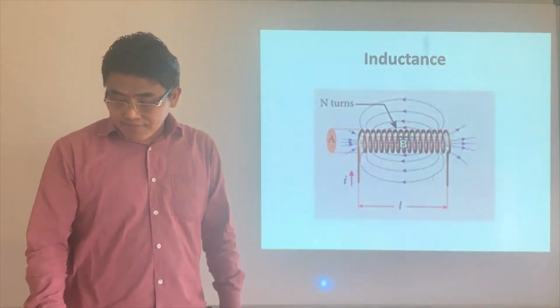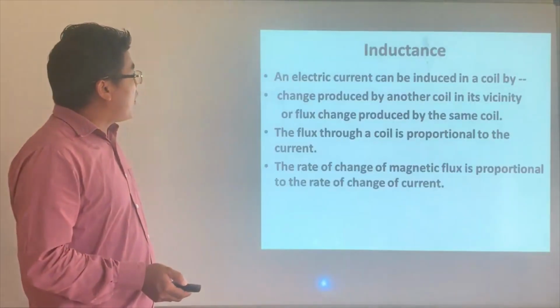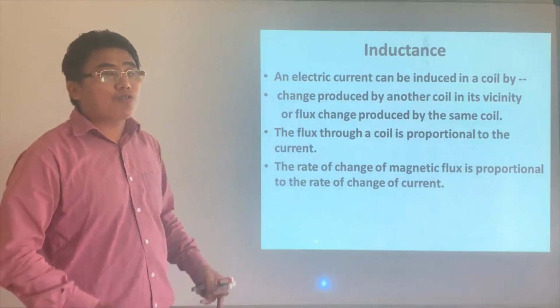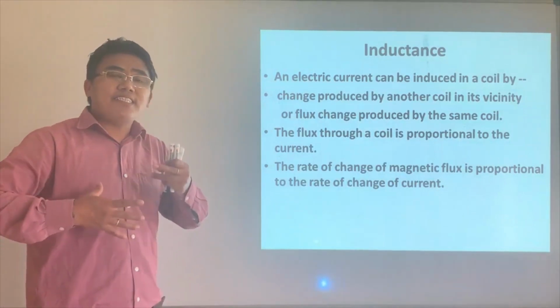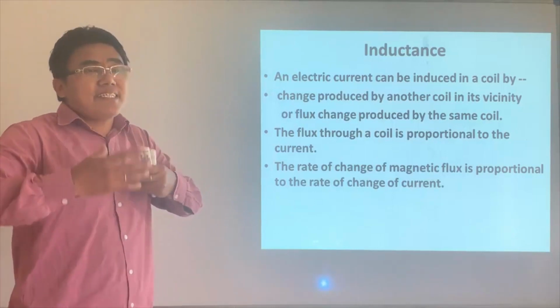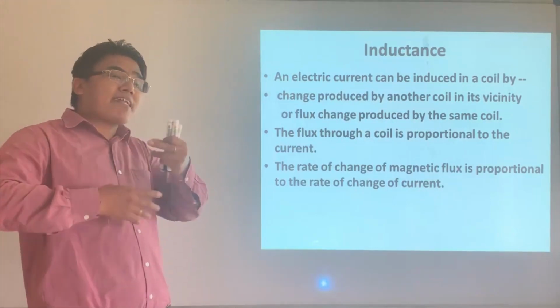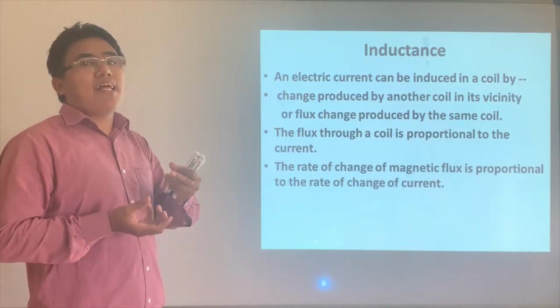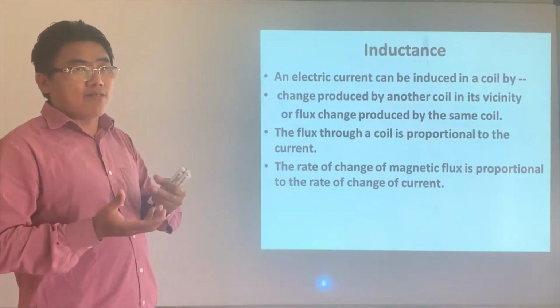Last time we talked about Faraday's law of induction. If I change a current, there will be a change of magnetic field, and the changing magnetic field or changing magnetic flux gives rise to current in another coil or in the coil itself.